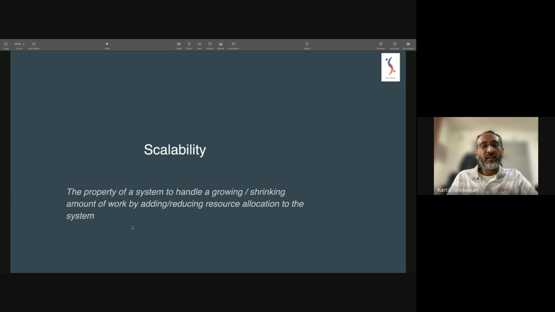The next concept is about scalability, and the scalability concept is about a system handling a growing or shrinking amount of work by adding or reducing, respectively, the resource allocation for the system.